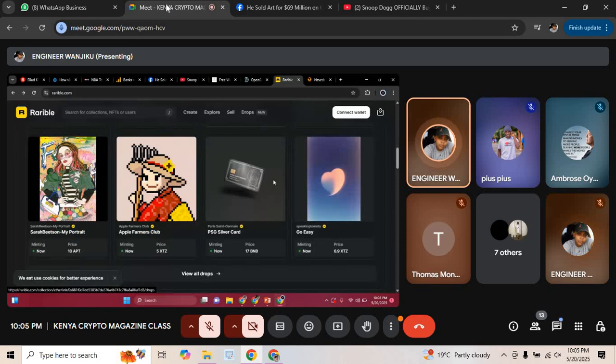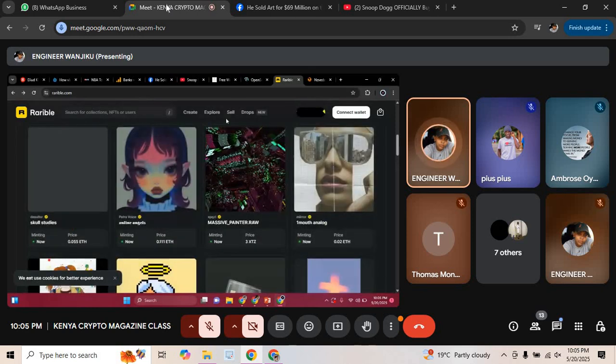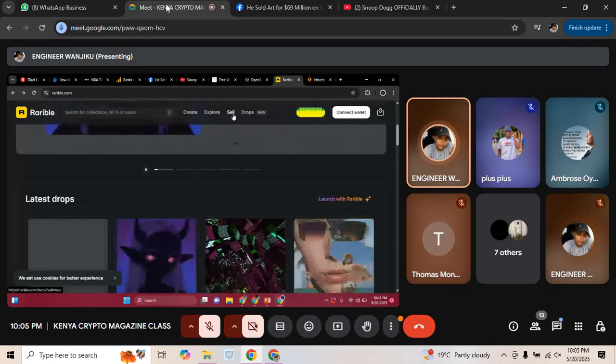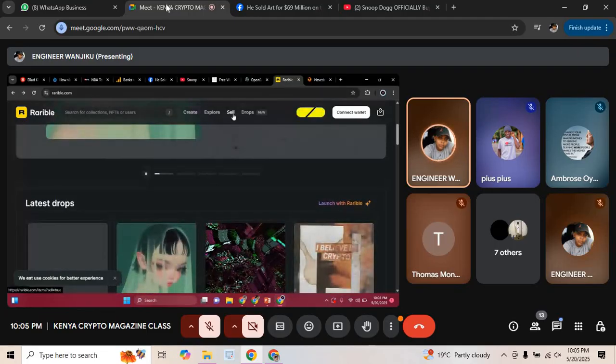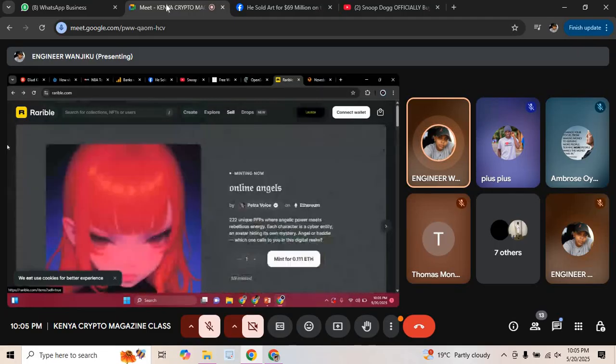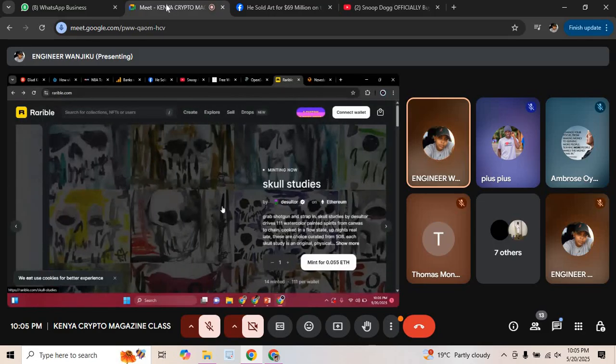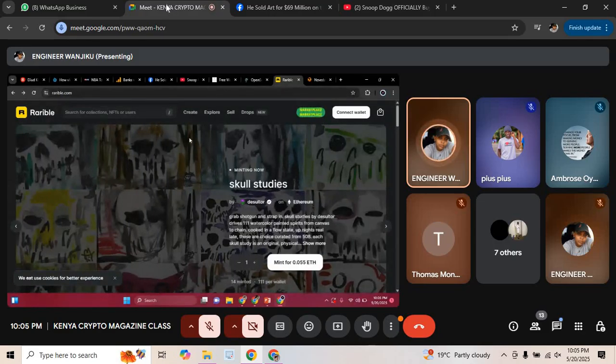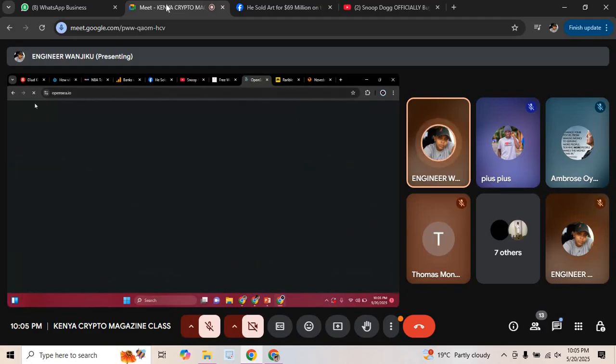What about if I want to post my own? You can come to the sell option. Right here, after connecting your wallet, just come to sell, and it will give you an option to post your assets at that particular juncture. You can come to see OpenSea. They basically operate the same.